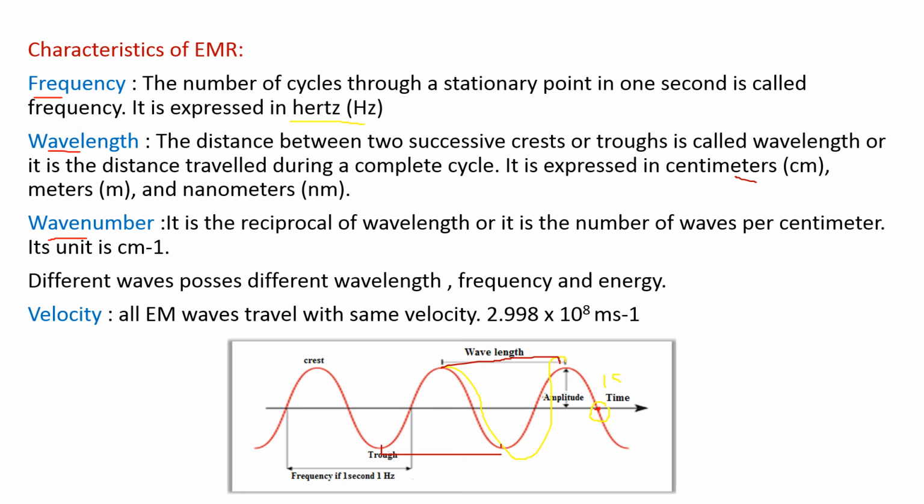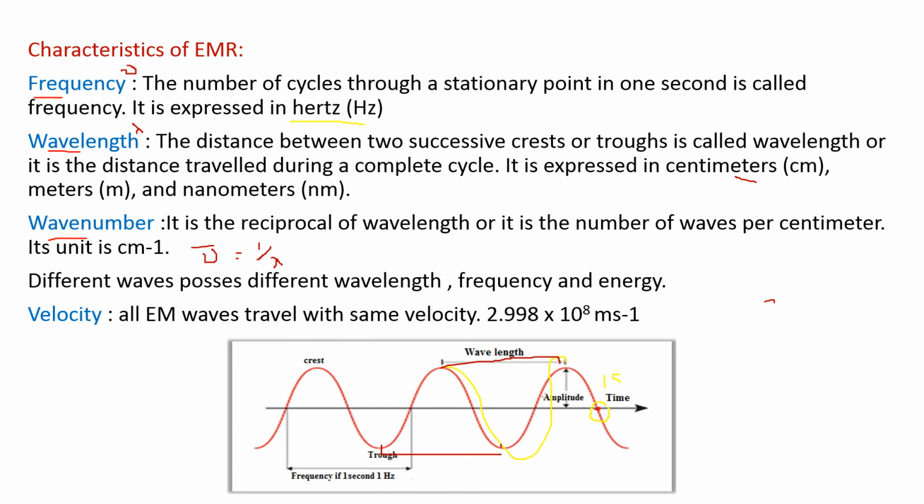Wave number is the reciprocal of wavelength. So the symbol that is used to designate wave number is nu bar, and it is equal to 1 by lambda. Nu bar is equal to 1 by lambda. As we all know, frequency is expressed in terms of nu, wavelength is expressed in terms of lambda.